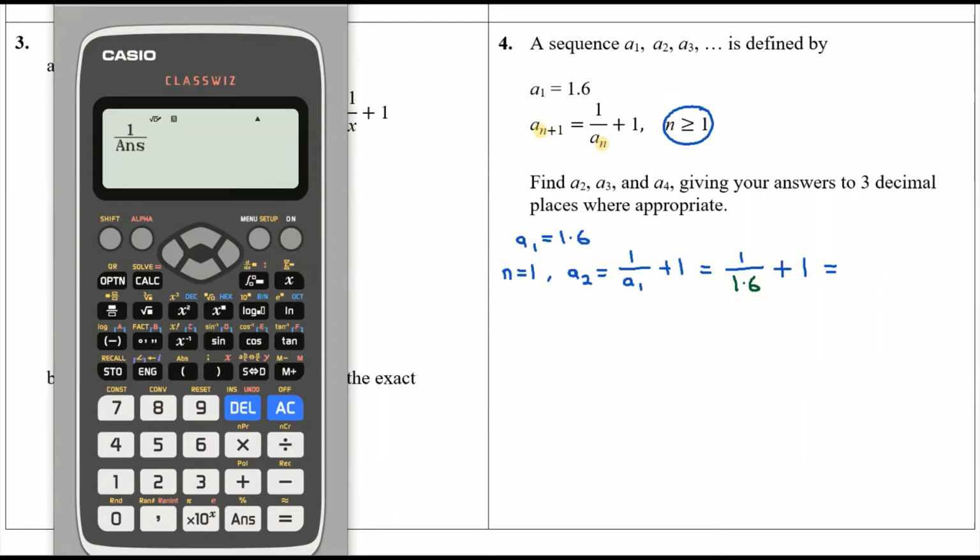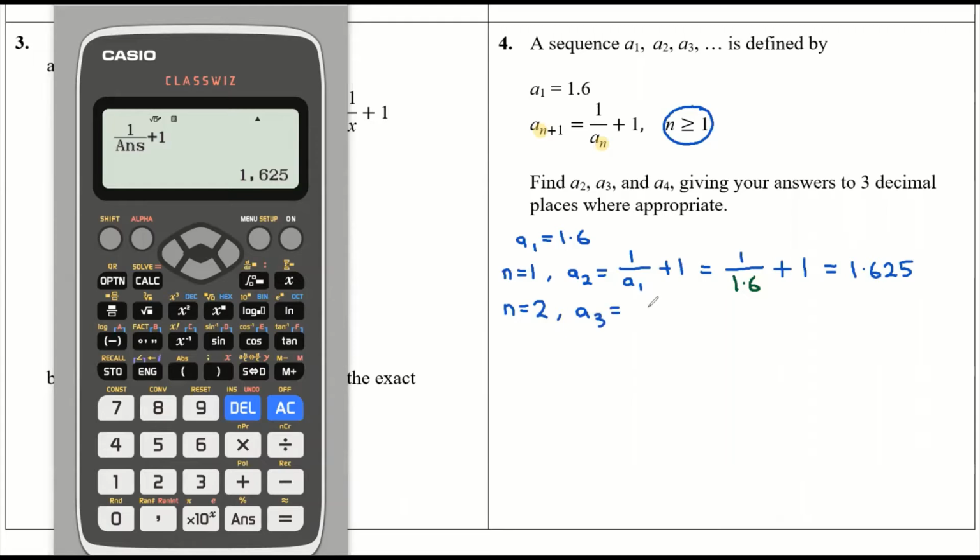We come out of that and then add 1 and press equals. We get 13 over 8. So that's the next value. So I'm just going to write that down. So that's 1.625.